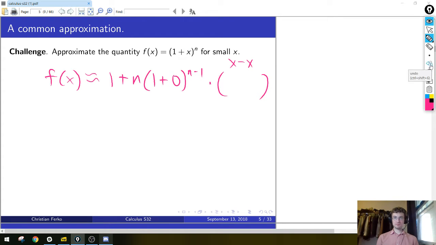Is it going to be times 0 minus whatever small x is? Or x minus 0, right? Yeah, other way. It's x minus the point you're expanding around, so x1 is the 0, because we're expanding around 0. Or we're approximating around 0.